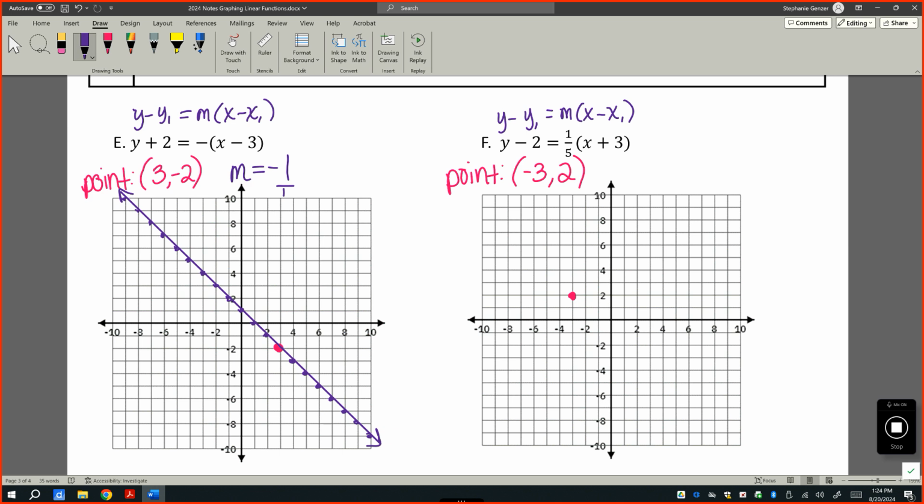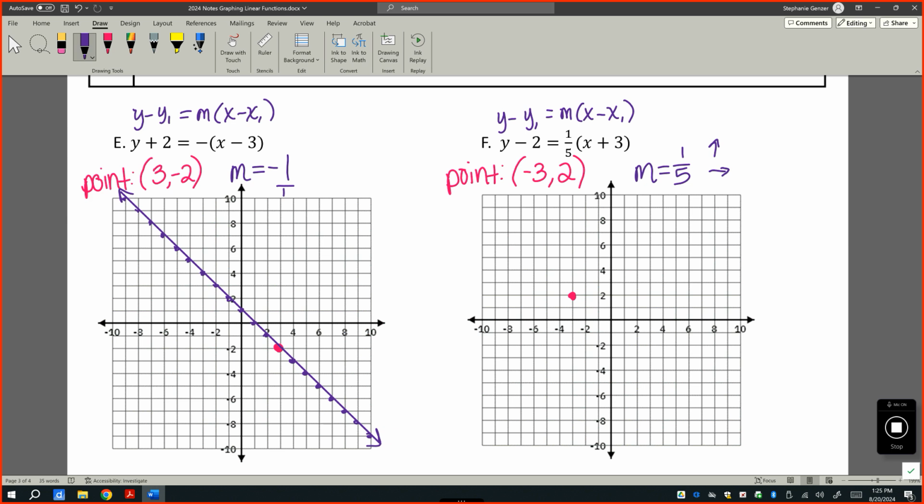And then we use our slope. Dale, what's our slope? It's not 2. Look at what's in the place of m. 1/5. Yep. So from our point, we're going to count up 1, right 5.